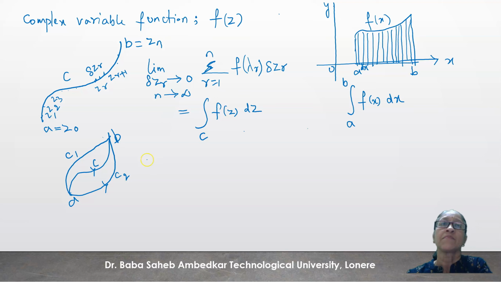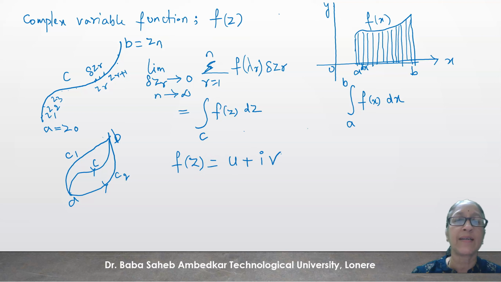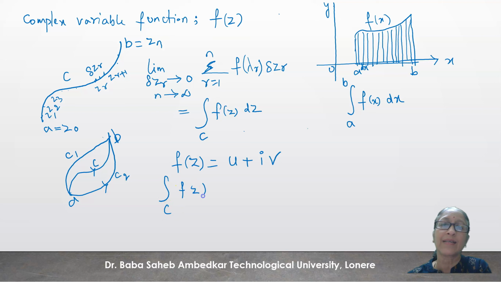Okay, then let us see here. If f of z equals u plus iv, then what does this integration look like? Integral over C of f of z dz, which means integration along C of u plus iv times dz.